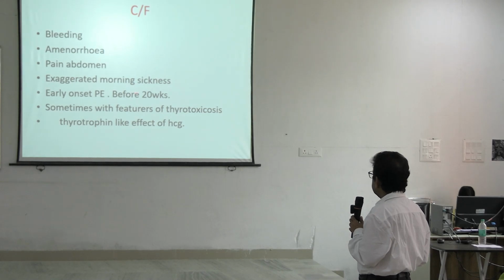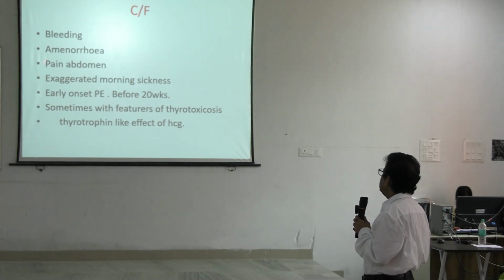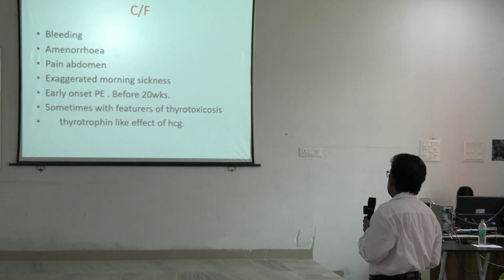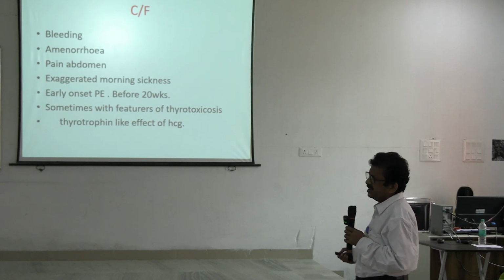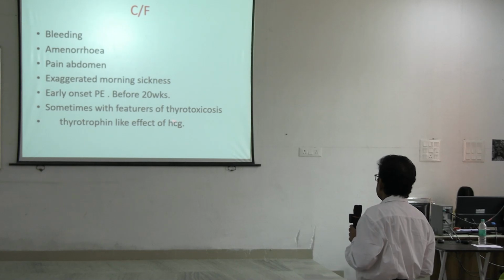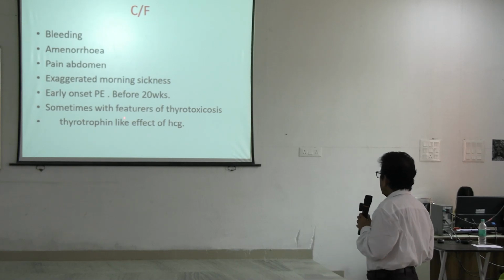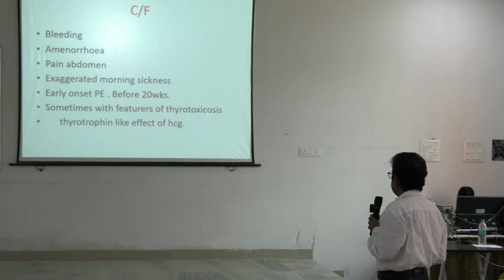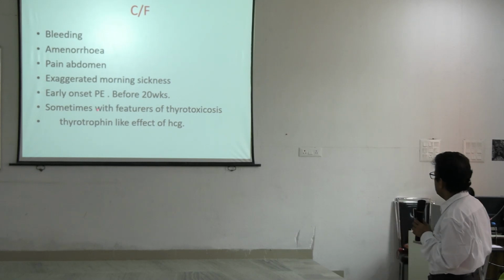So exaggerated morning sickness and preeclampsia can be the presenting picture, and amenorrhea followed by bleeding and pain is also a presentation. Sometimes there are features of thyrotoxicosis, because hCG has TSH-like properties, so it can stimulate the thyroid gland to cause thyrotoxicosis.